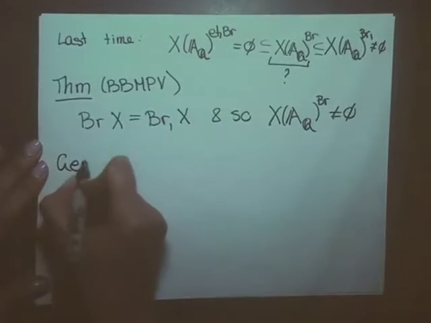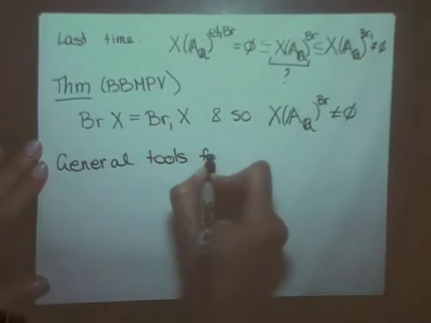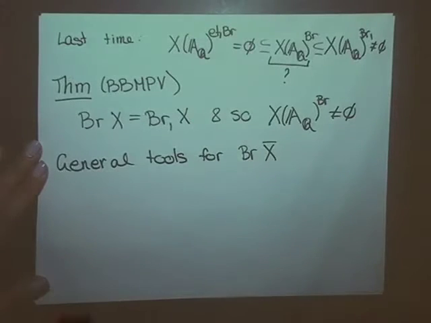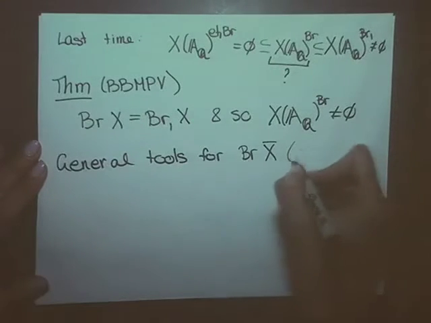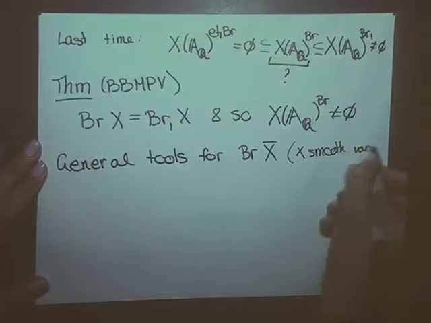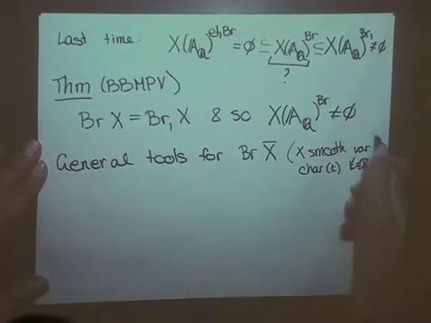So general tools for Br X bar. In this, X will be a smooth variety, and the ground field will be algebraically closed. I'm just going to put bars everywhere. Characteristic 0.